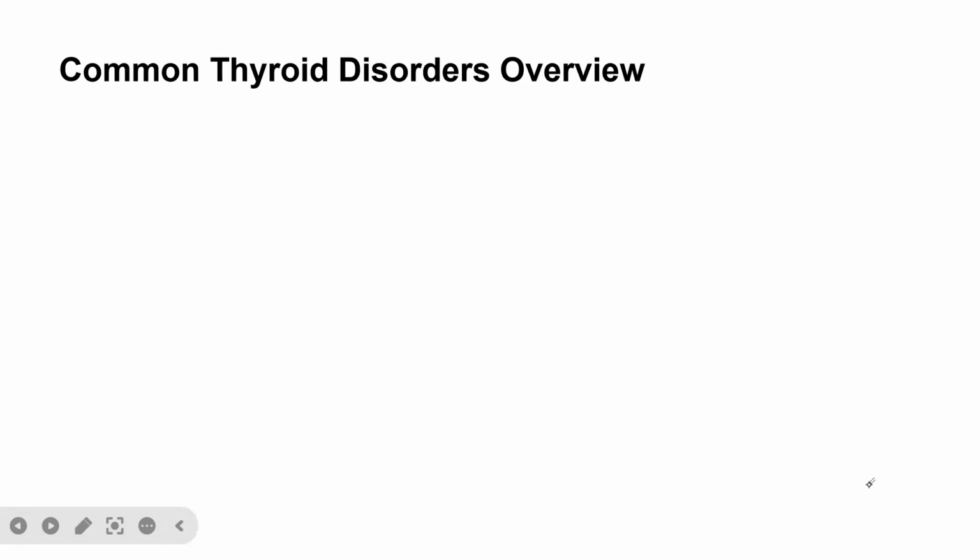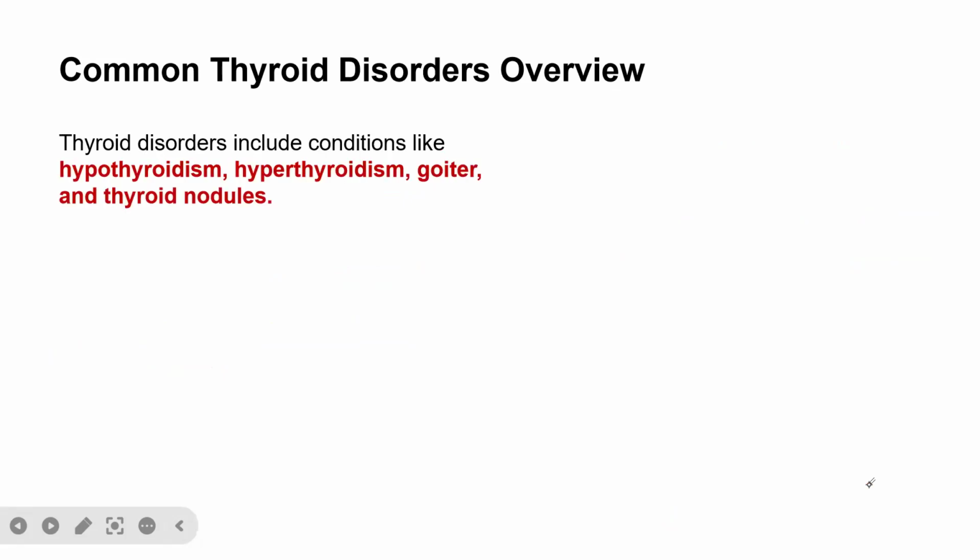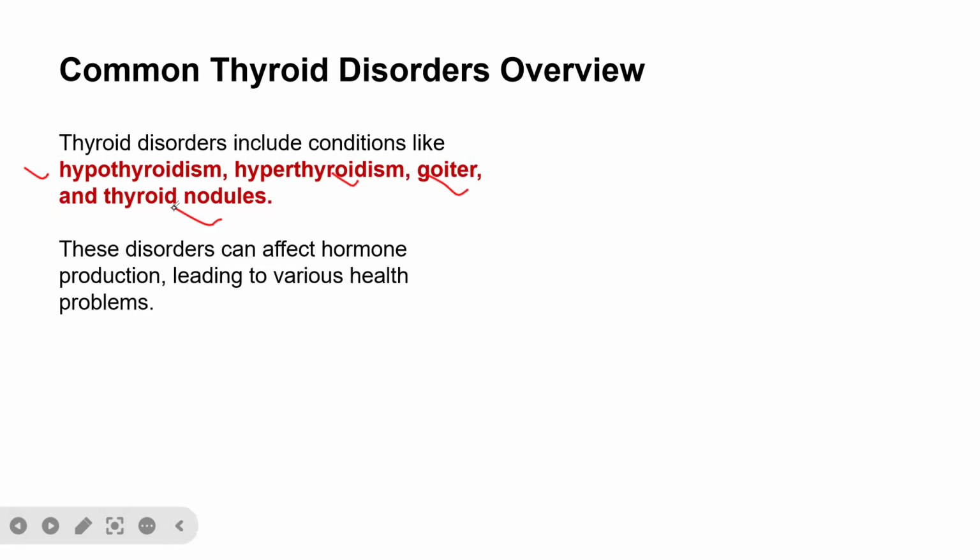So then what are the common disorders, an overview of this thyroid gland? What are the common thyroid disorders? The thyroid disorders include conditions like, number one, hypothyroidism, hyperthyroidism, goiter, and then thyroid nodules. These are some of the common disorders that are associated with the thyroid gland.